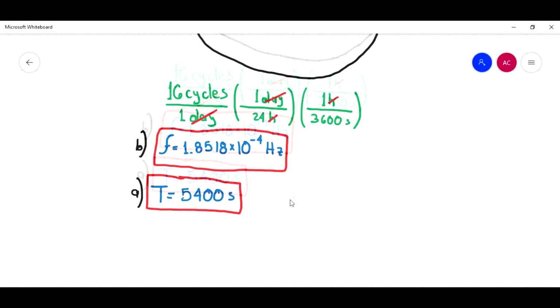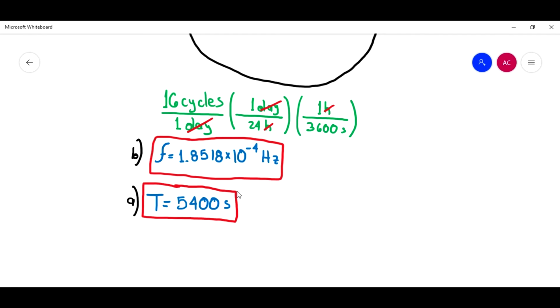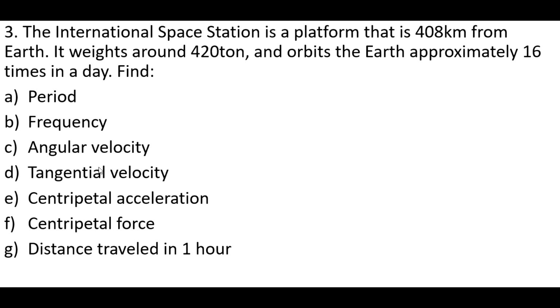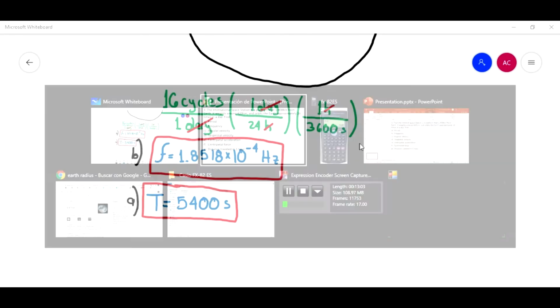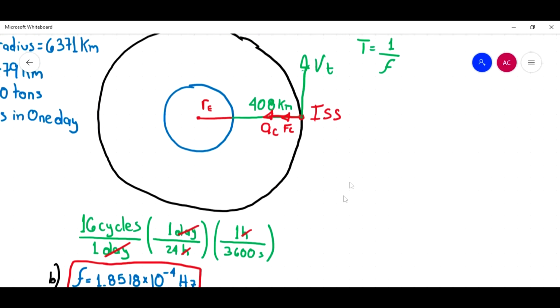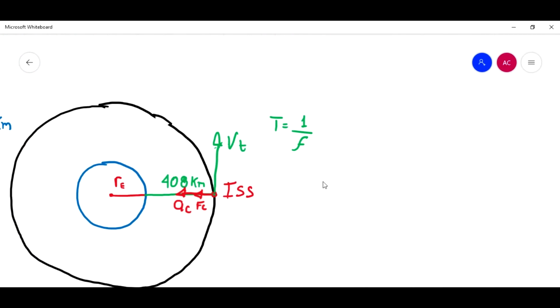Now I got the frequency and I got the period. Now what else can I find? The angular velocity. From previous videos, angular velocity is 2π times the frequency, or angular velocity is 2π over the period.